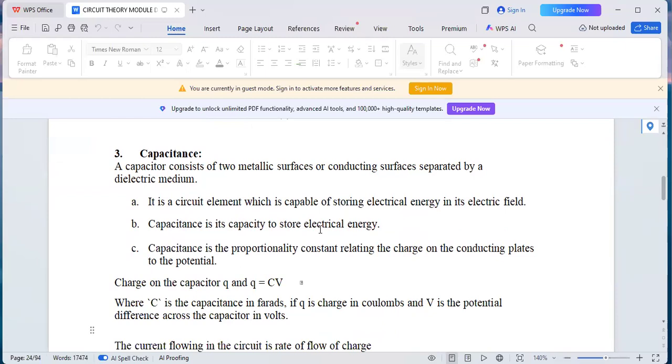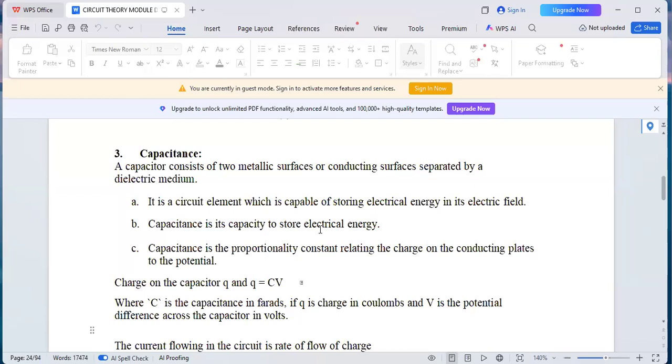It is a circuit element which is capable of storing electrical energy in its electric field. Capacitance is its capacity to store electric energy. Capacitance is the proportionality constant relating the charge on the conducting plates to the potential.